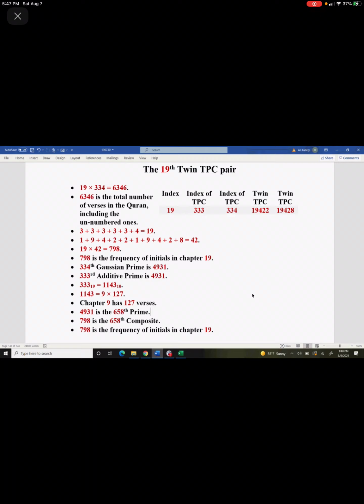The verse structure of the Quran is not unique, my friends. But we know which one is correct. We know chapter 9 has 127 verses. God says it over and over again in the Quran. We have to make sure that we understand these things.